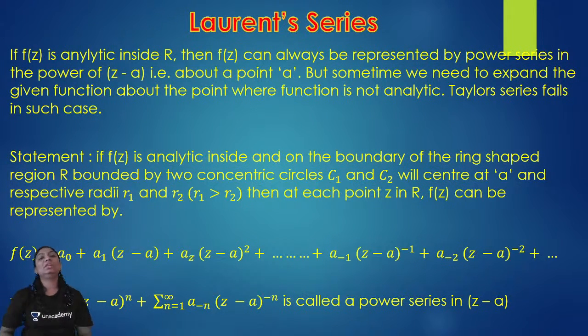Now next, Laurent's series. If f of z is analytic inside C, then f of z can always be represented by a power series in powers of z minus a, that is about a point a.